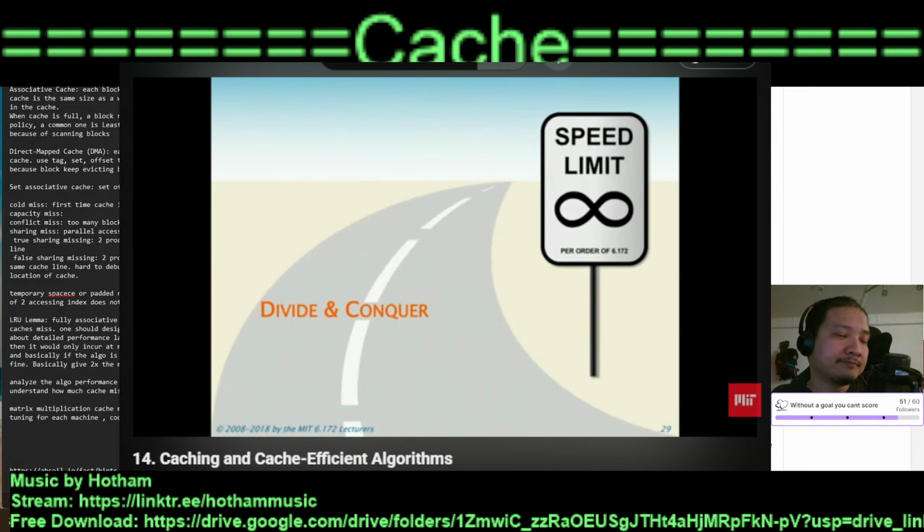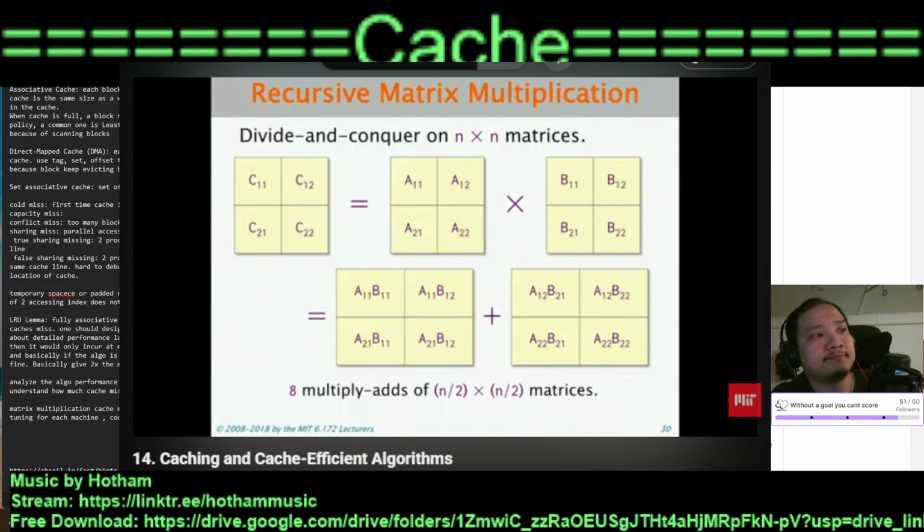So we're going to turn to divide and conquer. We're going to look at the recursive matrix multiplication algorithm that we saw before. Again, we're going to deal with square matrices, but the results generalize to non-square matrices. So how this works is we're going to split our input matrices into 4 sub-matrices or 4 quadrants.